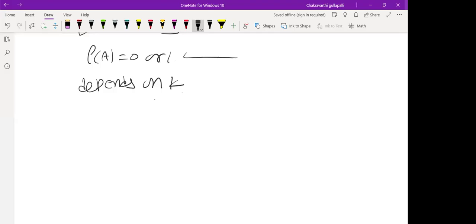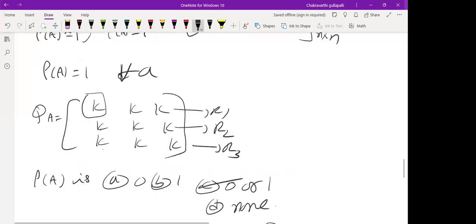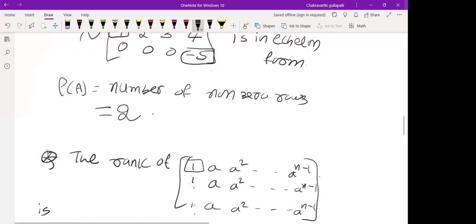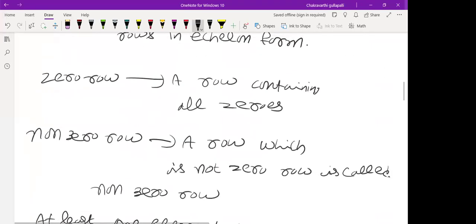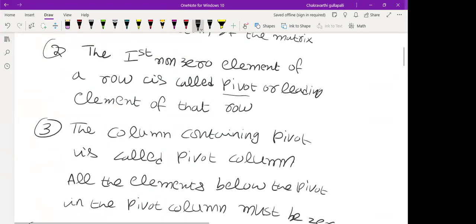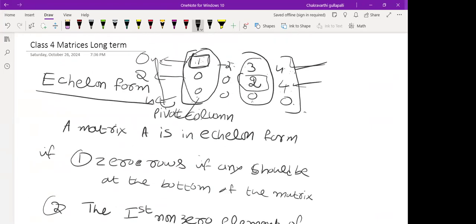In the definition, the first point: zero rows, if any, should be at the bottom of the matrix. Correct. If at all there is a zero row, it should be at the bottom. The word is 'any'.